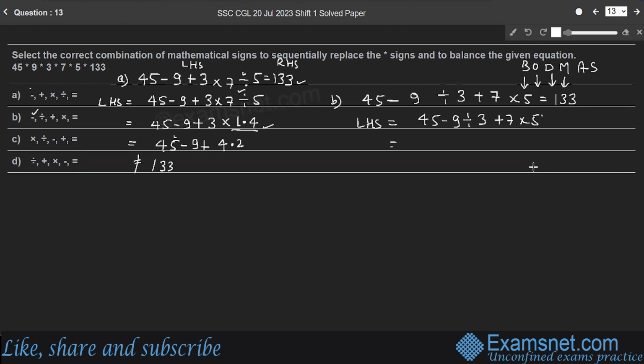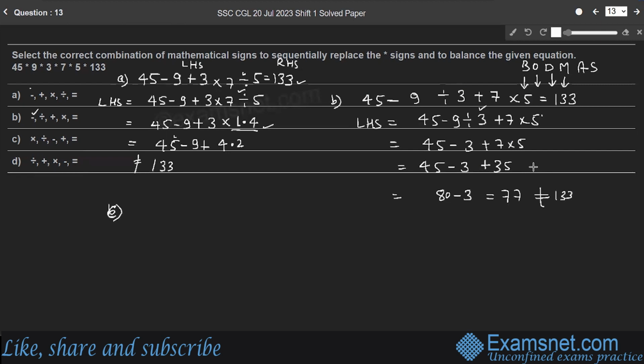Apply the BODMAS rule. Let us go for division first. 9 by 3 is 3, so 45 minus 3 plus 7 into 5. Next comes multiplication: 7 into 5 is 35. So 45 plus 35 is 80, minus 3 is 77, which is not equal to 133. So option B doesn't satisfy the equation.